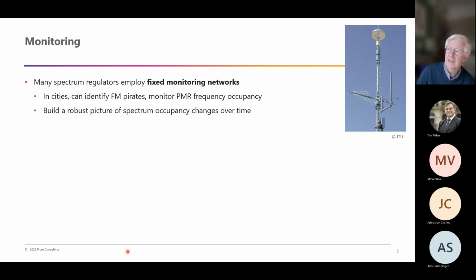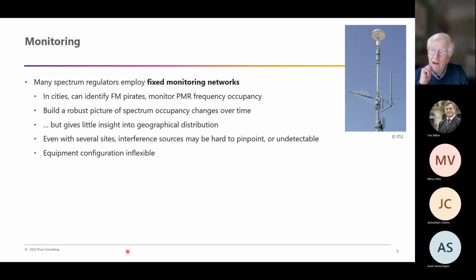You may be interested in the sort of daily peaks and troughs of traffic, understanding when the busy hour falls, and those sorts of constraints, or you may be interested in longer term trends in spectrum use on a timescale of years. And if you've got a series of fixed monitoring nodes, and you're carrying out the same monitoring with the same equipment over many years, this can build up a pretty valuable picture.